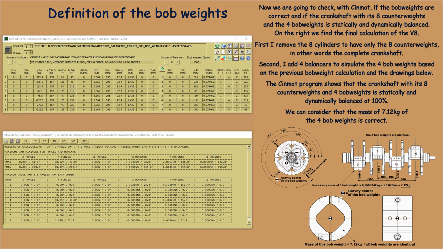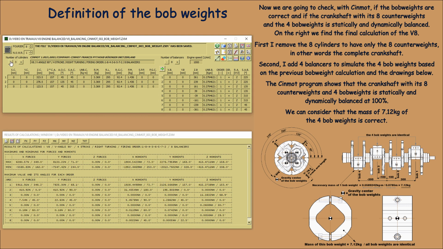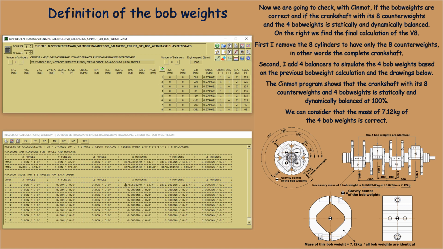Now we are going to check, with Cinmot, if the bob weights are correct and if the crankshaft with its 8 counterweights and the 4 bob weights is statically and dynamically balanced. On the right we find the final calculation of the V8. First I remove the 8 cylinders to have only the 8 counterweights, in other words the complete crankshaft.